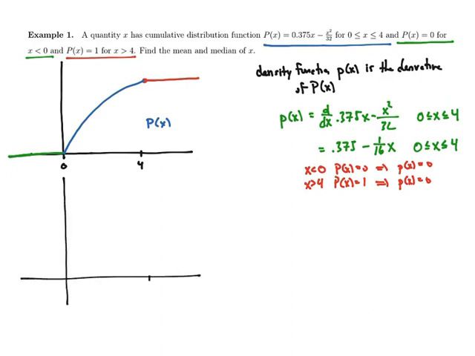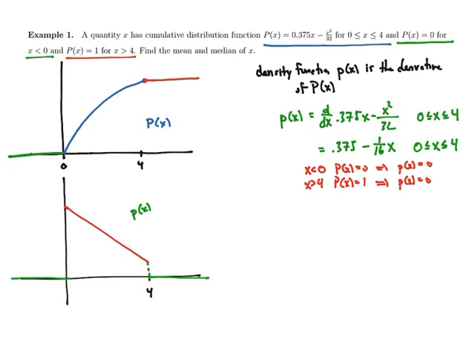The density function from 0 to 4, we're going to have some line, a linear function, looking something like this. And we know that's going to be 0 elsewhere. This would be little p of x.